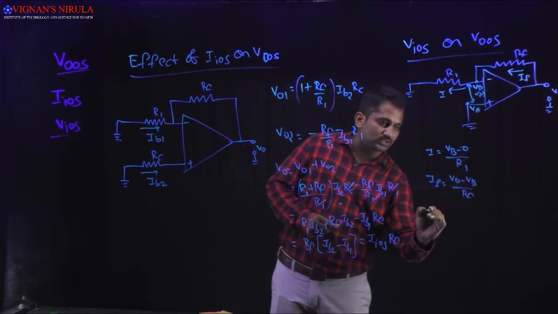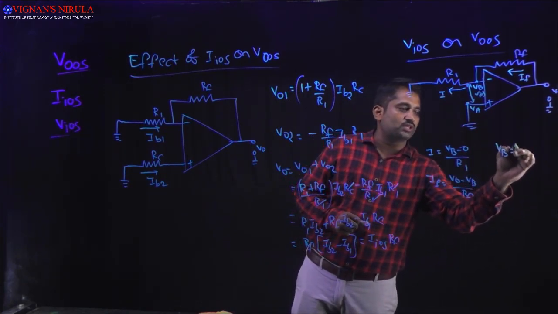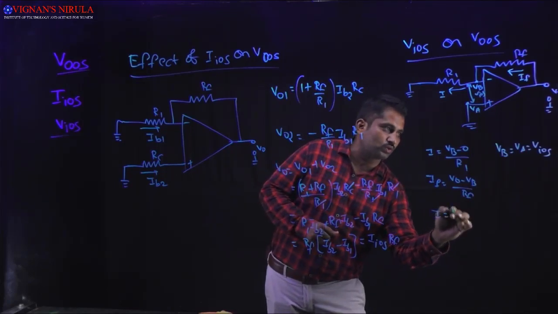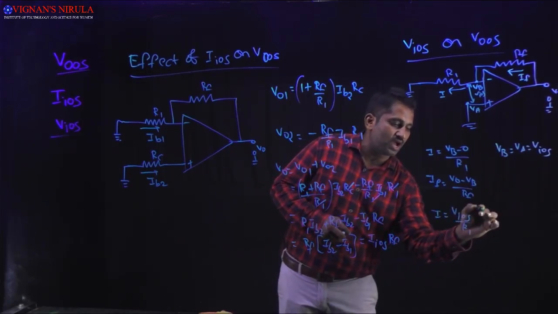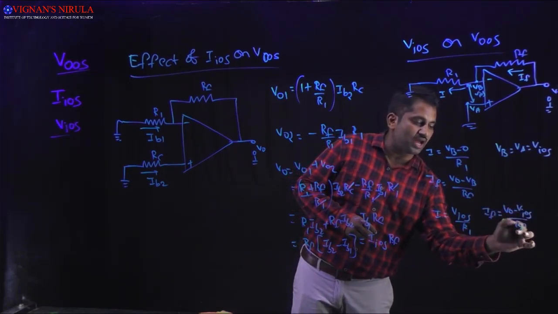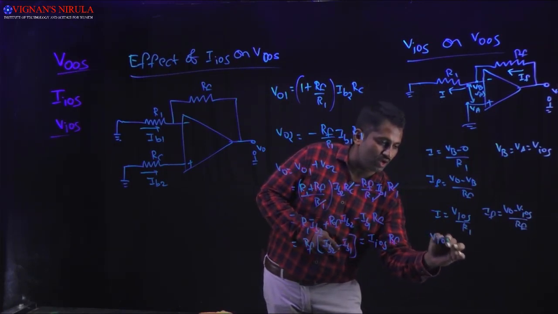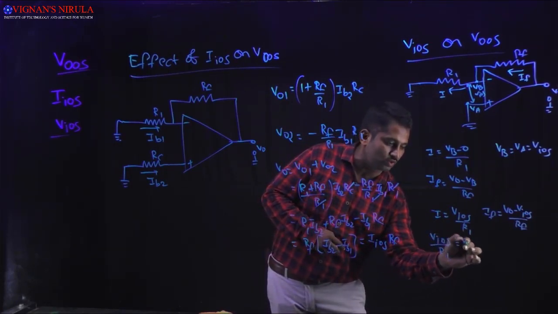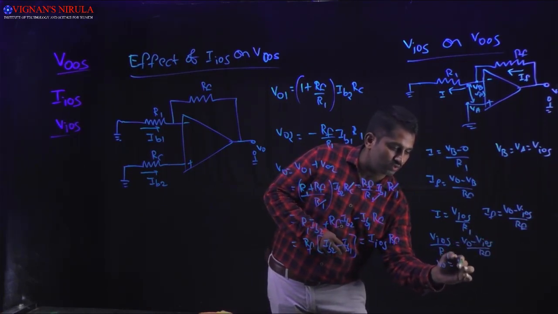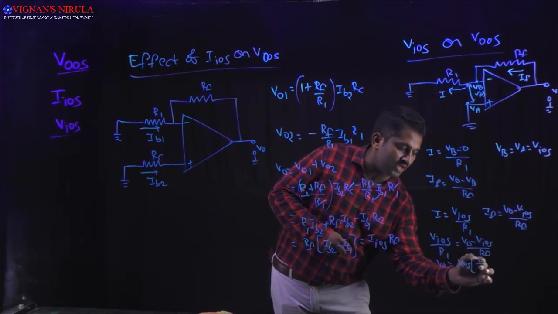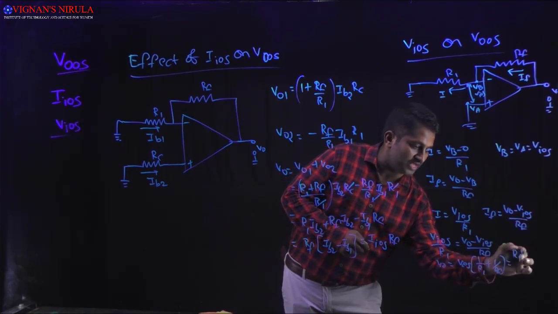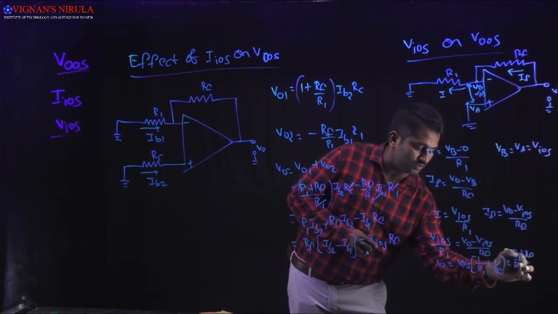So I is equal to VIOS divided by R1 and IF is equal to V0 minus VIOS divided by RF. Equate those two currents. So VIOS by R1 is equal to V0 minus VIOS divided by RF. So V0 is equal to VIOS common 1 by R1 plus 1 by RF, which gives R1 plus RF divided by R1 into RF.